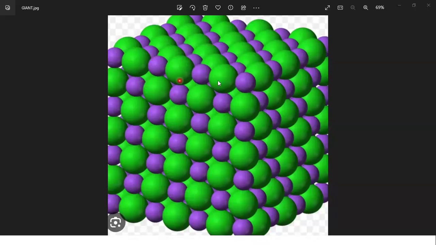So the giant metallic structure can be of this kind. It is giant, very big, and it can lead to formation of solids. So very many atoms come together to form an element.